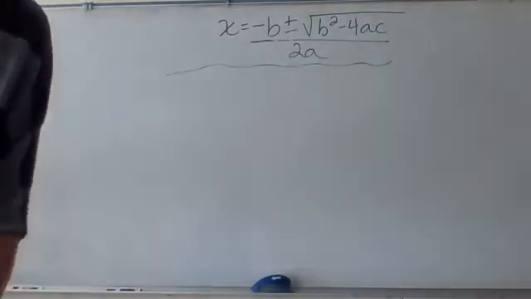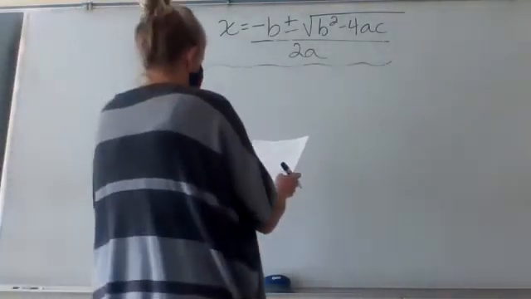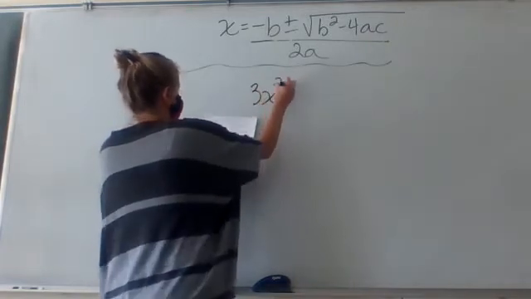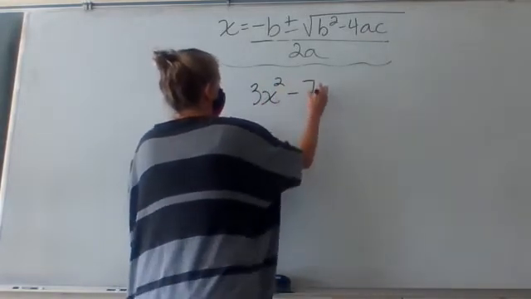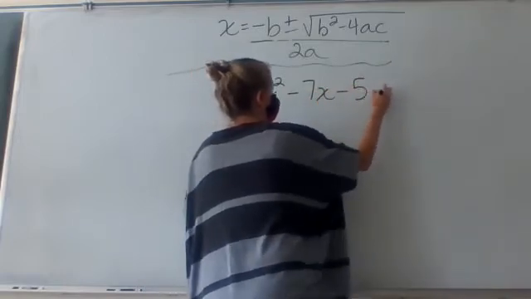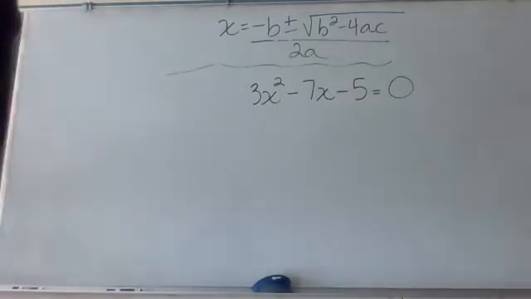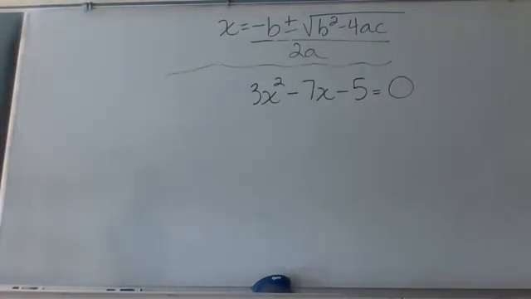Number 5, find the zeros of 3x squared minus 7x minus 5. So it's already set equal to 0 for us.